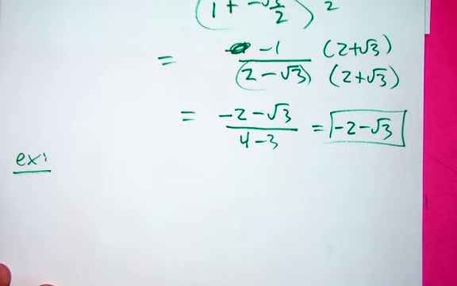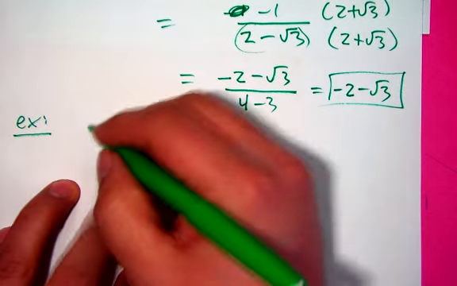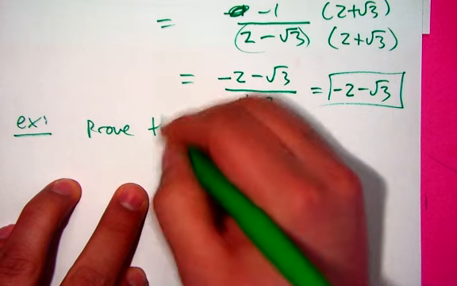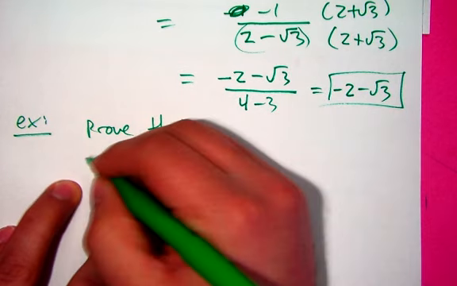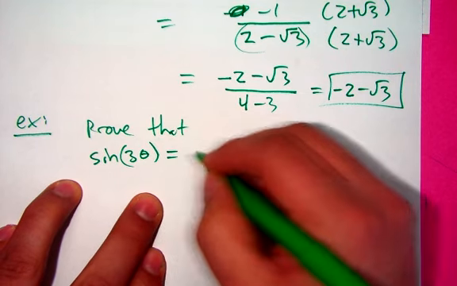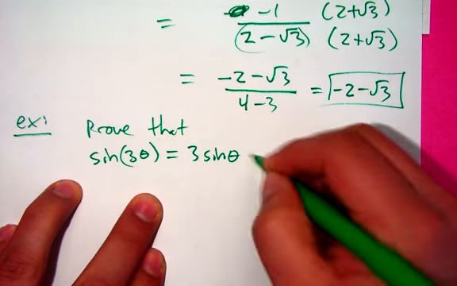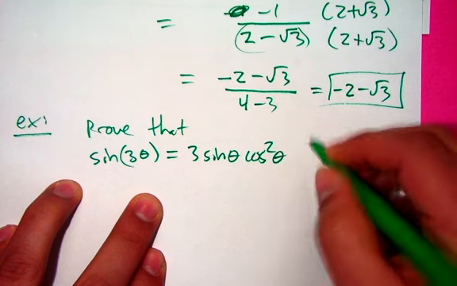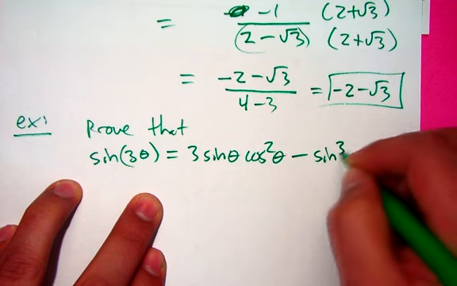Prove that sine 3 theta is equal to 3 sine theta cosine squared theta minus sine cubed theta.